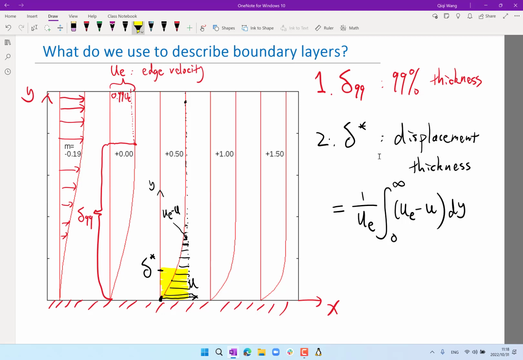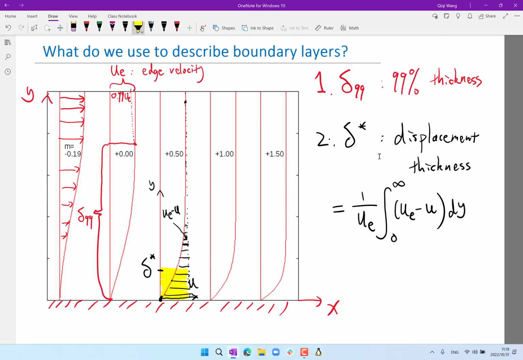Okay, so what is the significance of this definition? Well, first of all, unlike the delta 99, which only cares about at which height, at which distance the velocity is very close to free stream, it doesn't take into account the exact shape of the profile inside the boundary layer.